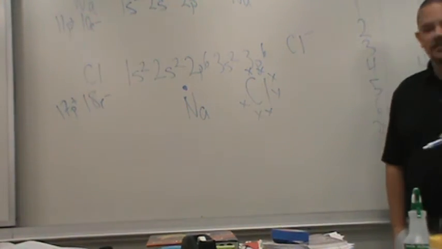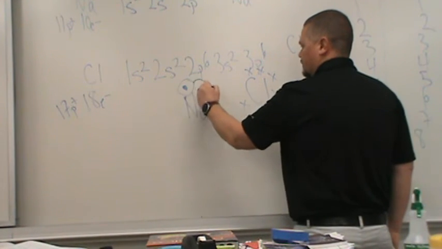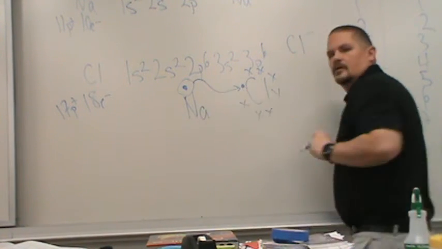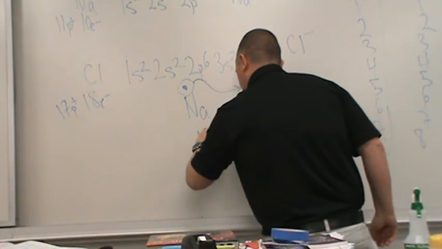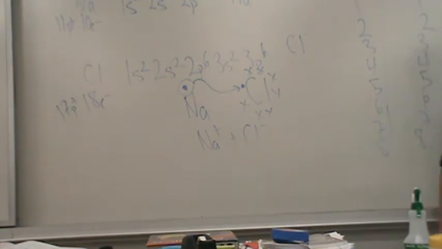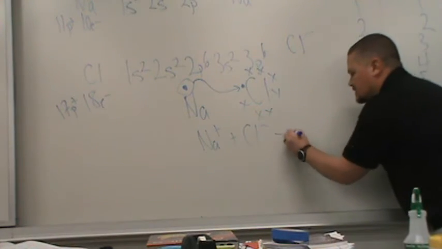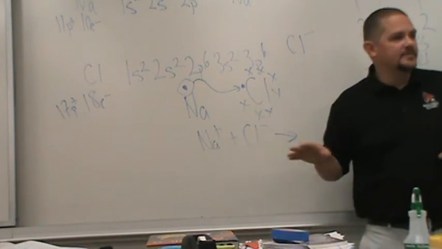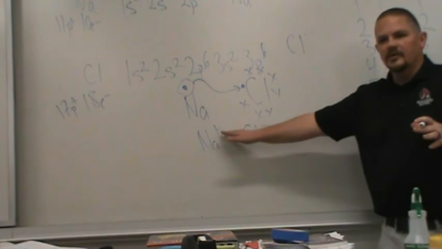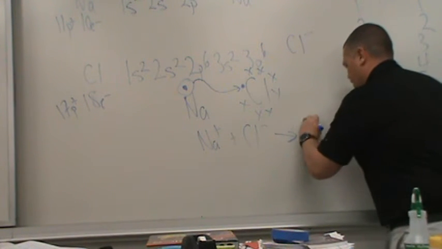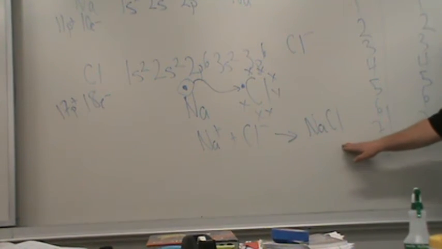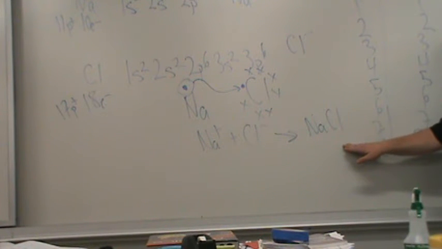And we said that that 1 valence electron from sodium is going to go to chlorine. So sodium has a +1 charge, chlorine has a negative charge. And we're going to have an attraction now because they are oppositely charged to one another. So sodium with a +1 charge combining with chlorine with a -1 charge, we're going to get NaCl. What's NaCl? Table salt. Okay?